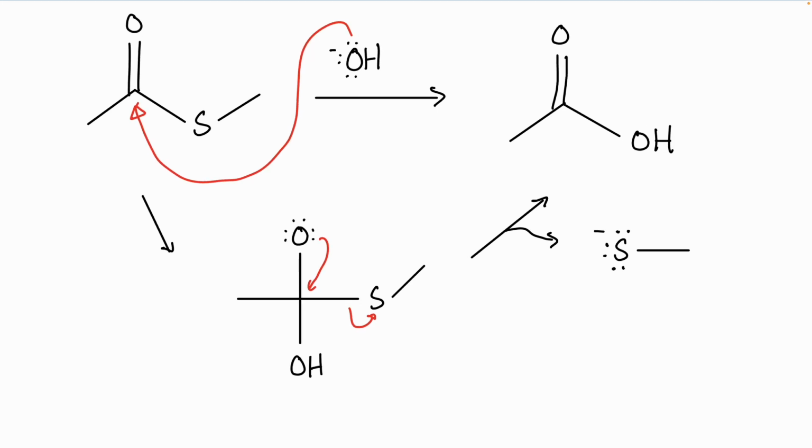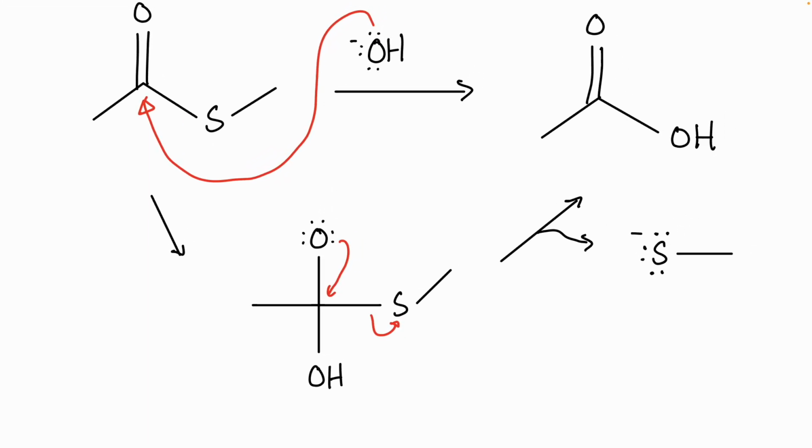But why is that so much better of a leaving group than my hydroxide ion? Again, because these are all ranked in terms of reactivity, more reactive means a better leaving group, right? So why is sulfur a better leaving group?